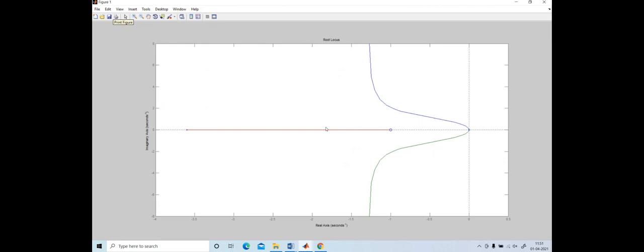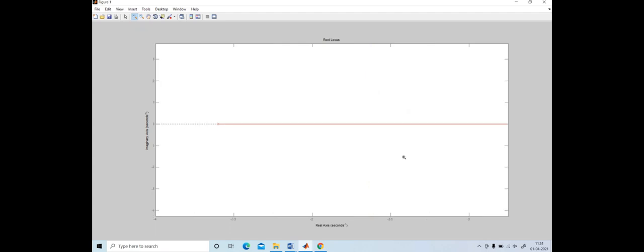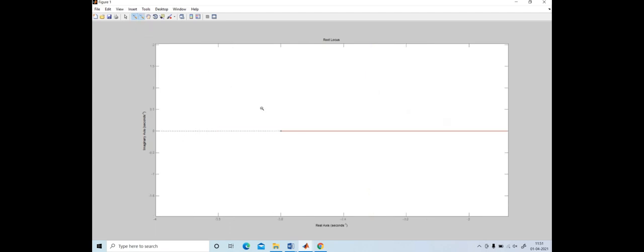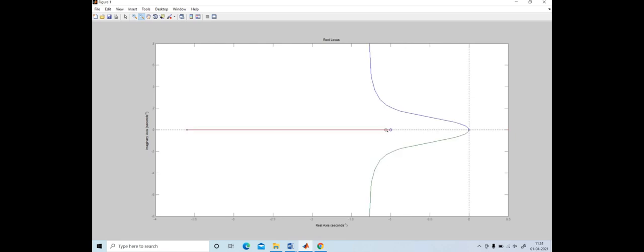We have already drawn the same plot using the analytical method. So in the analytical method, this is the pole, see this pole, and then the zero here. Here are two poles, and this is the root locus.